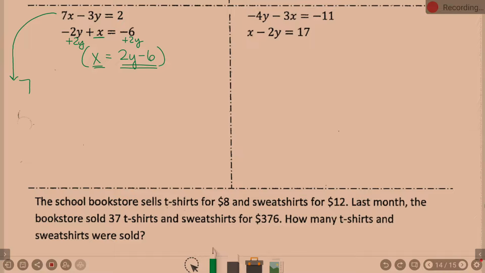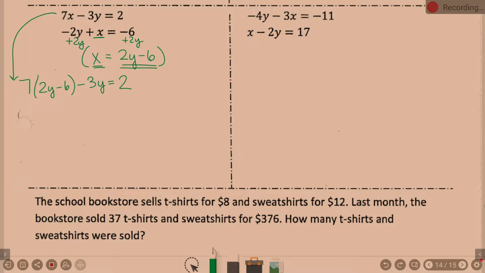What am I putting in place of x? 2y minus 6. Then continue the rest of the equation. Still minus 3y. Still equals 2. Yeah, definitely not done. I wish we were done.